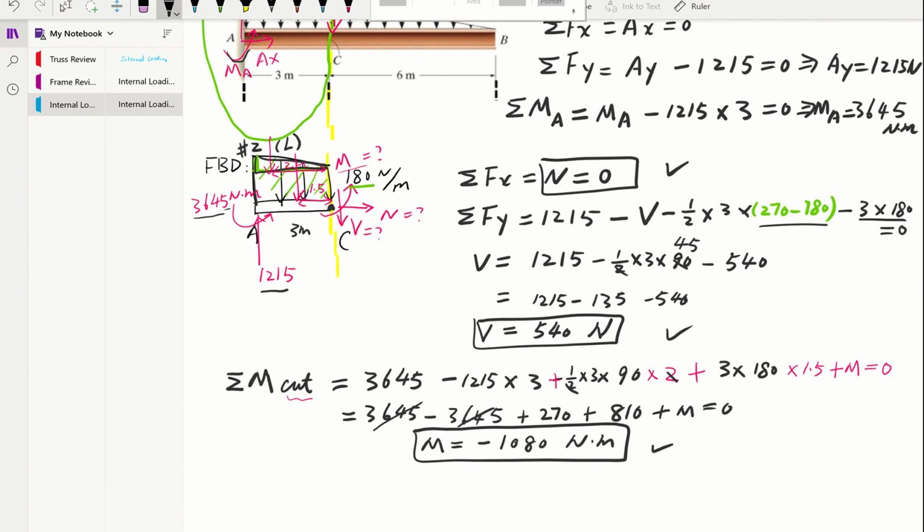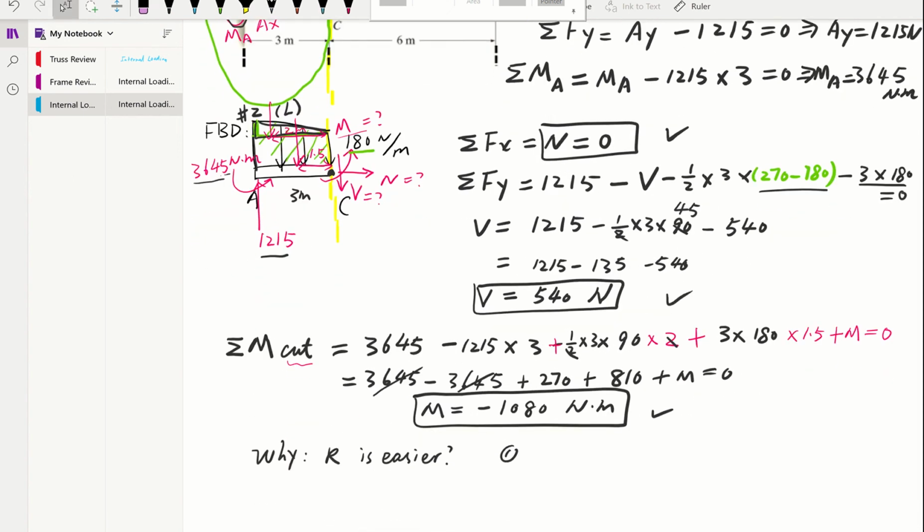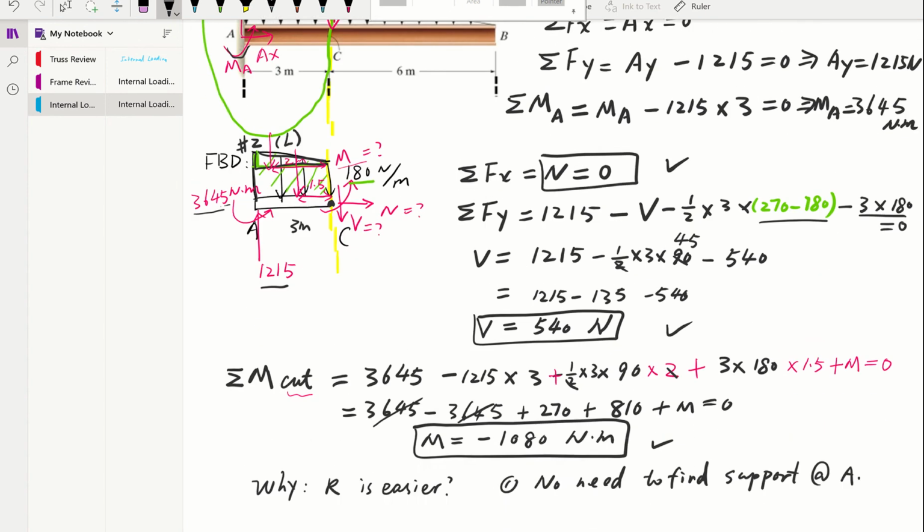Why? The first reason is that when you use the right section, we do not need to find the reaction support at A. That saves one entire step here.